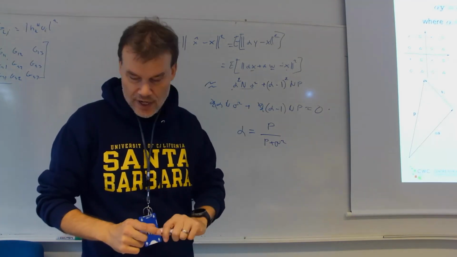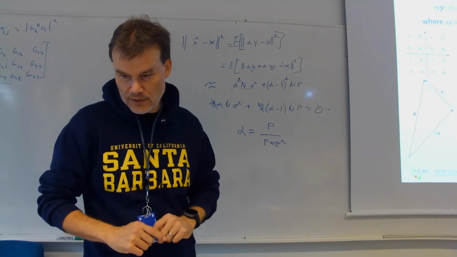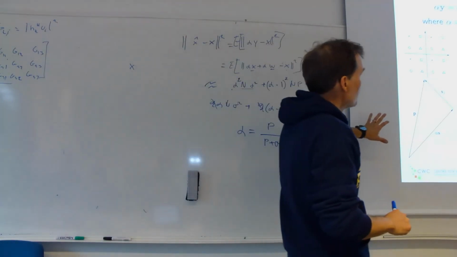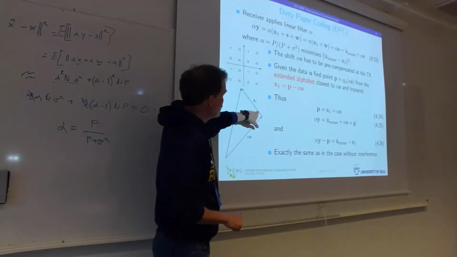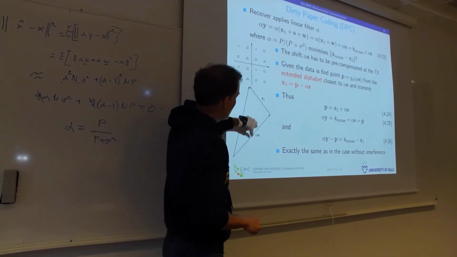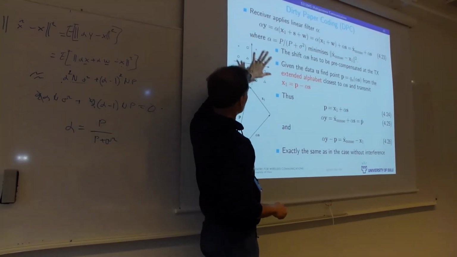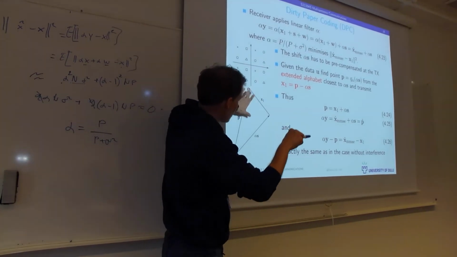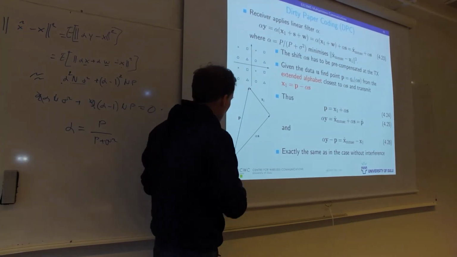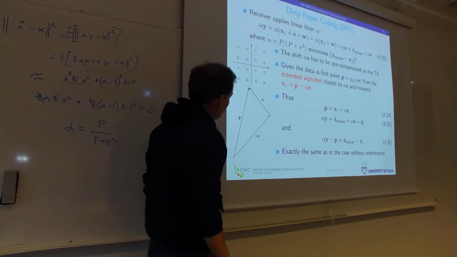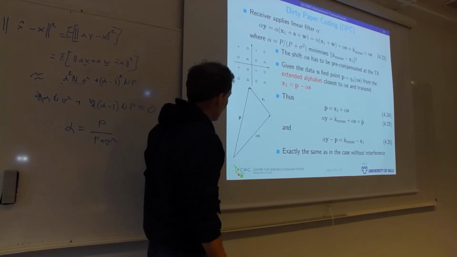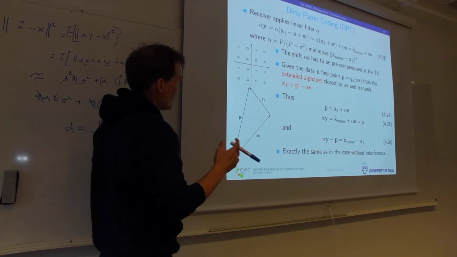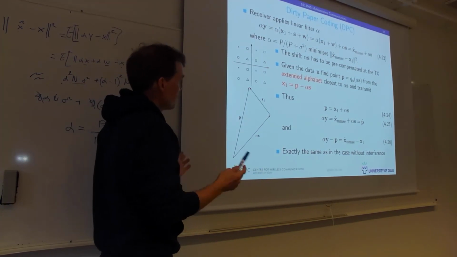All right. Let's take a break now and continue tomorrow. I will then go quickly through this dirty paper coding argument, the extended alphabet idea, how we can choose the transmit vector given the knowledge of the interference vector, and choose the point in the extended alphabet that is close to the original x, then transmit that vector, which leads to the solution as if there was no interference.